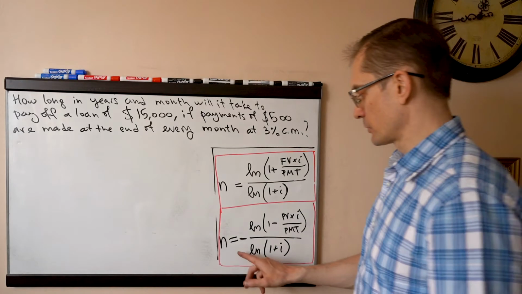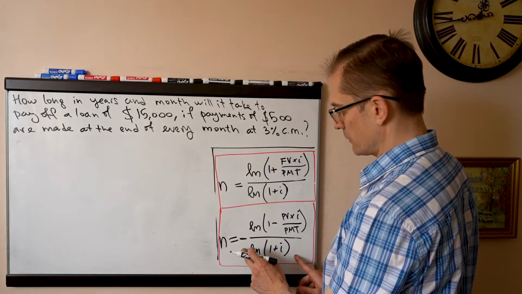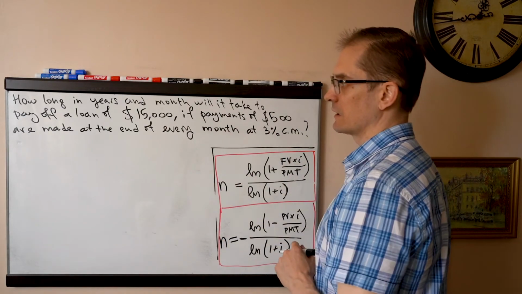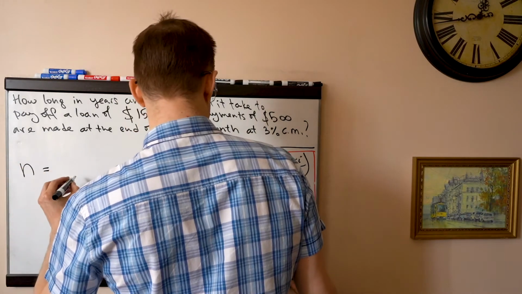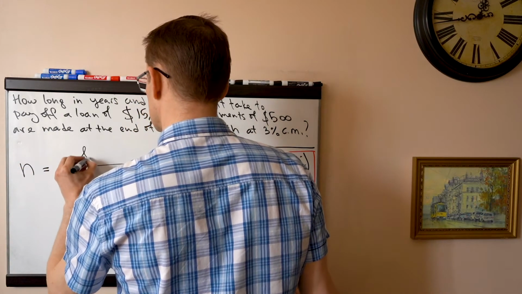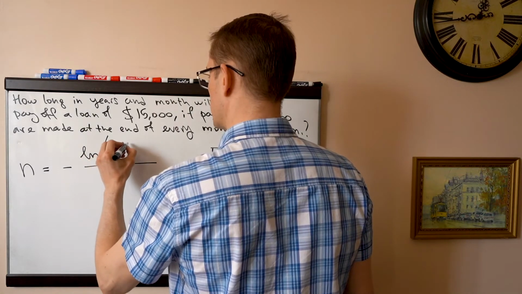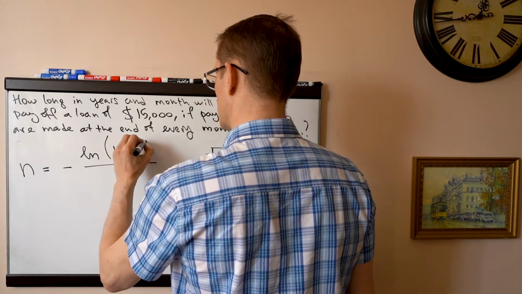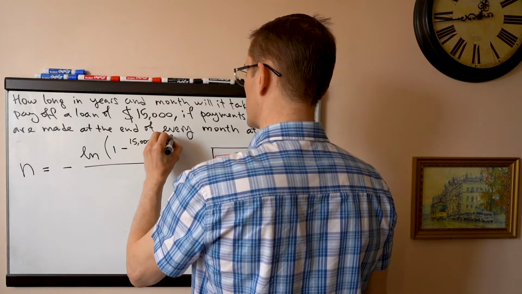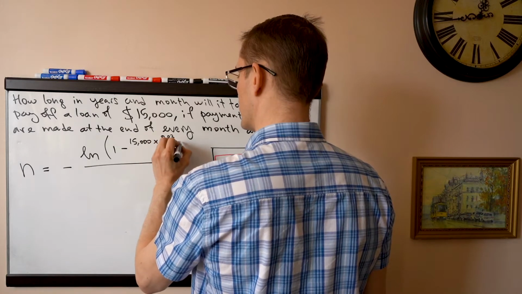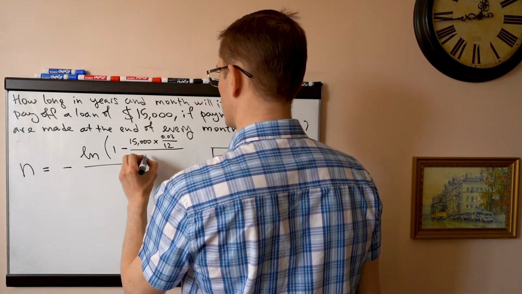Now let's proceed to find this n, and of course that will be the formula for present value, because that loan is a present value here. So n is going to be minus logarithm of 1 minus 15,000 times i, and that i is 0.03 divided by 12, and we divide by the payment, which is 500.